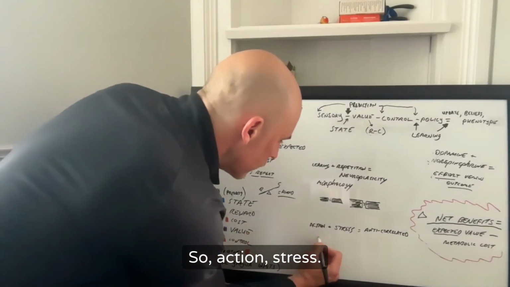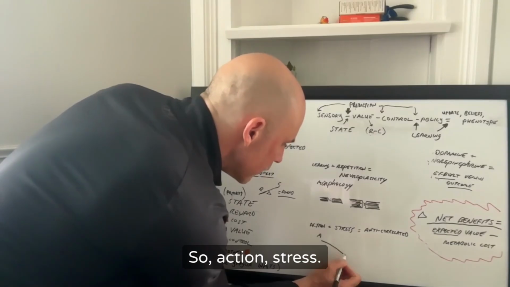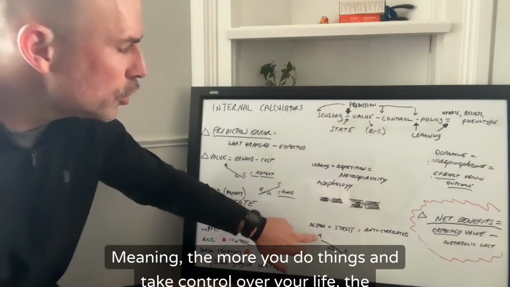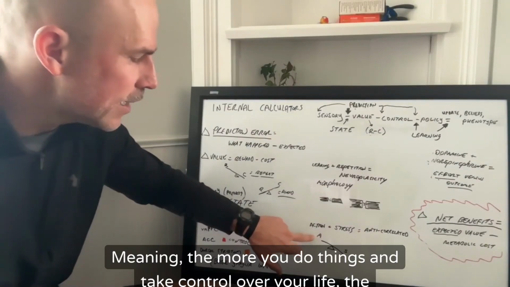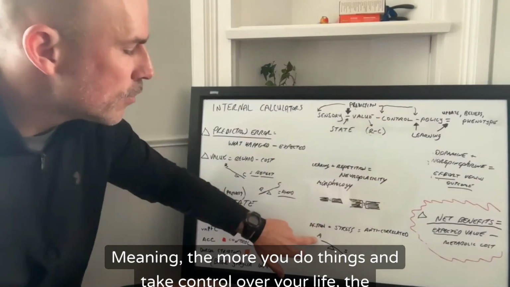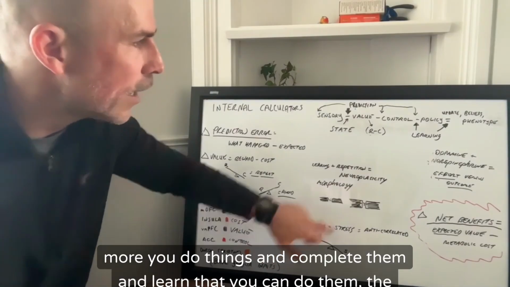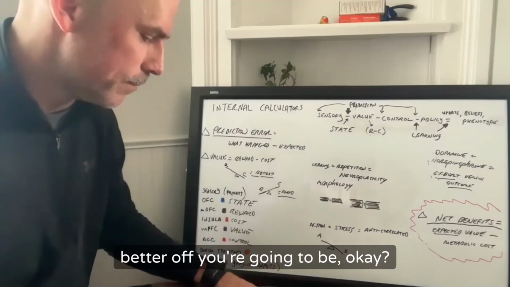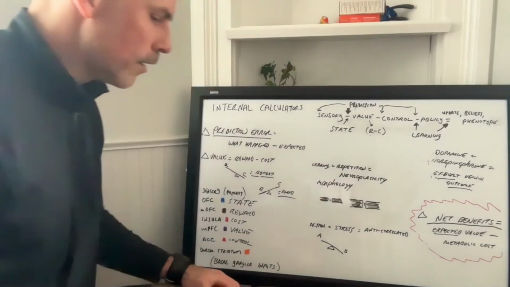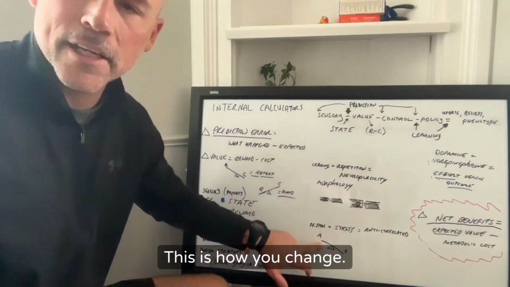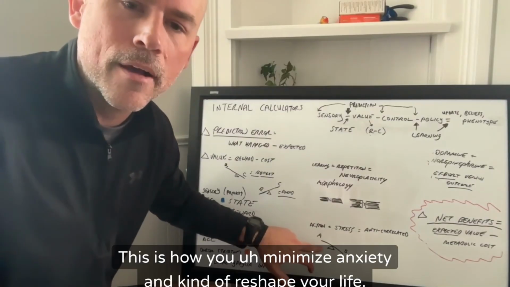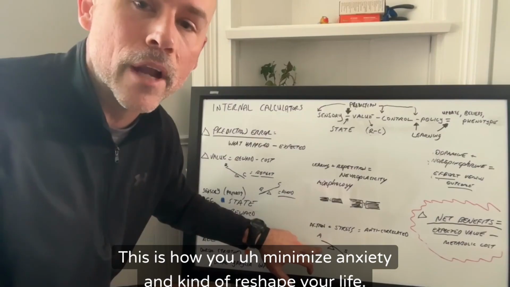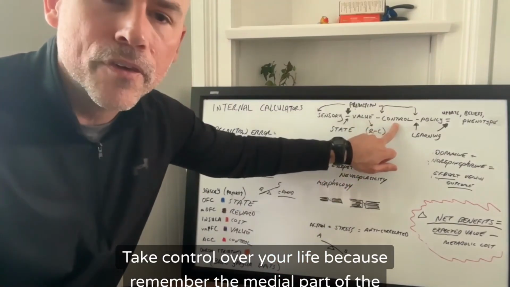So action, stress, meaning the more you do things and take control over your life, the more you do things and complete them and learn that you can do them, the better off you're going to be. This is how you change. This is how you minimize anxiety and kind of reshape your life. Take control over your life.